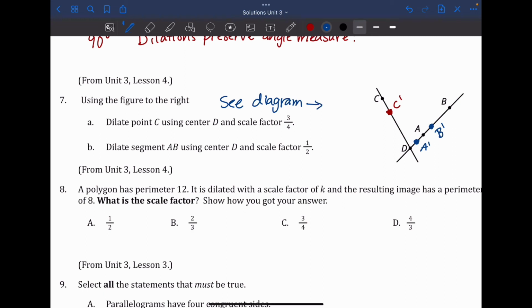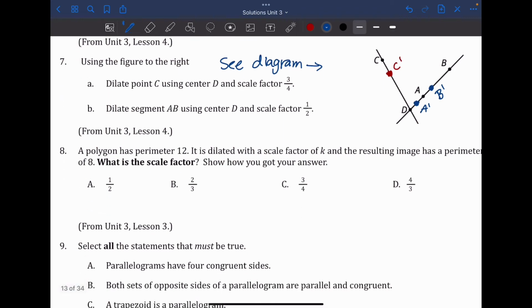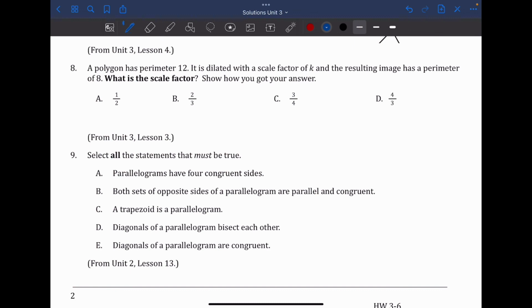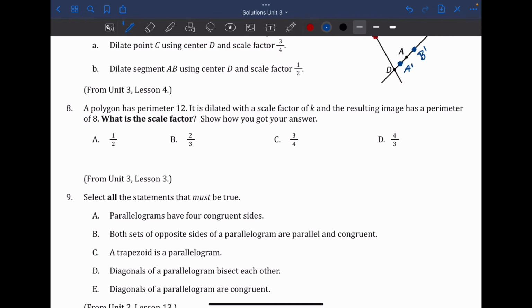Okay, and then we're almost done here. Question 8, a polygon has a perimeter of 12, and it is dilated with a scale factor of k, and the resulting image has a perimeter of 8. What is the scale factor? Well, we know that scale factors just affect the distance, so they're going to affect that perimeter, which means we can do the same thing we would with the shapes from the very first question in finding our scale factor. We're going to use the resulting, or the image, and divide it by the pre-image.